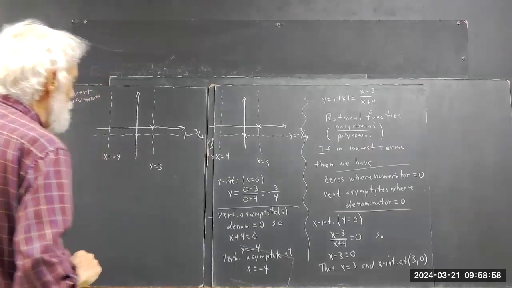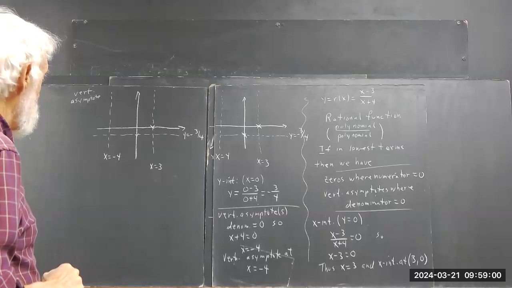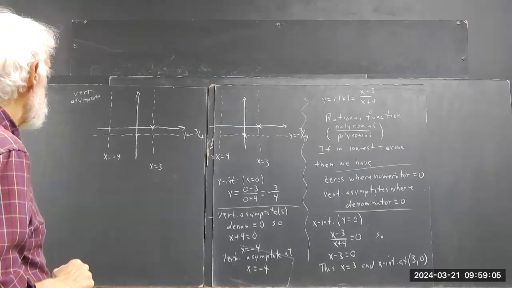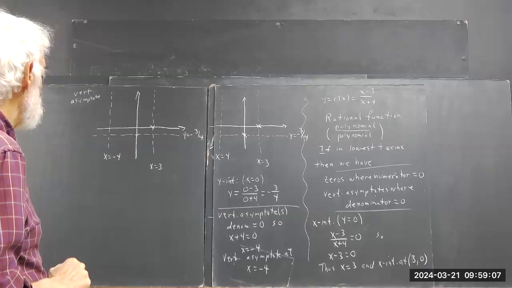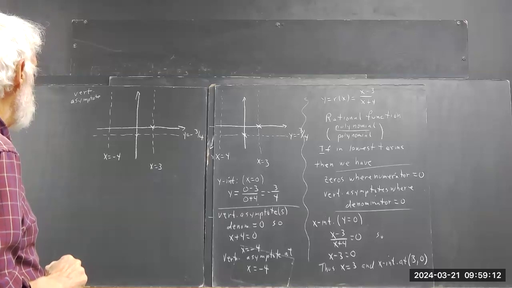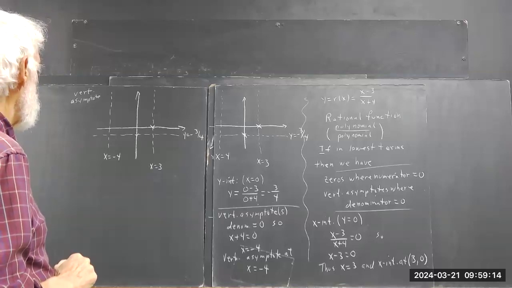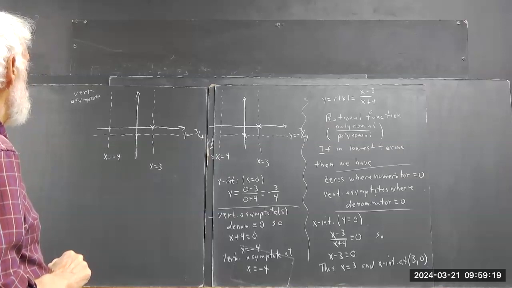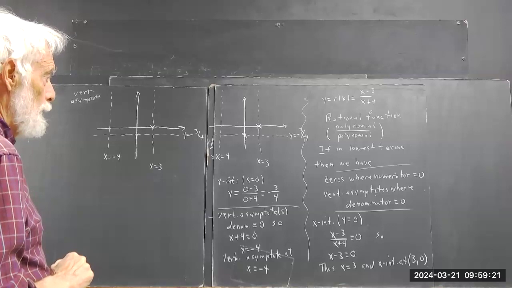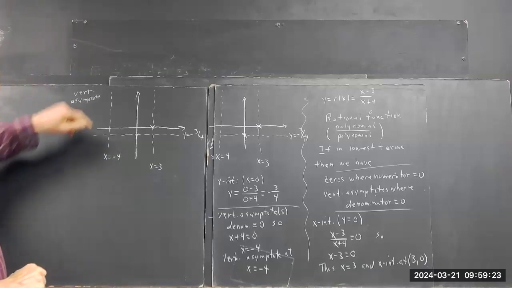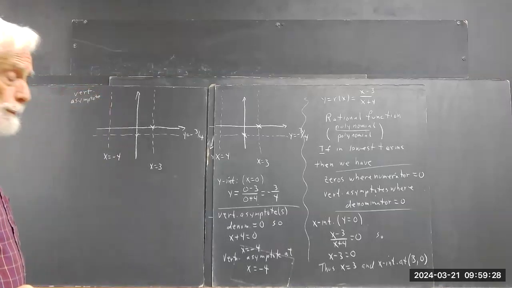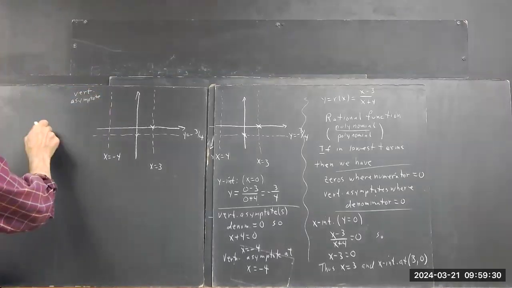It's going to turn out that the graph of this function is going to act like the reciprocal graph around the vertical asymptote.